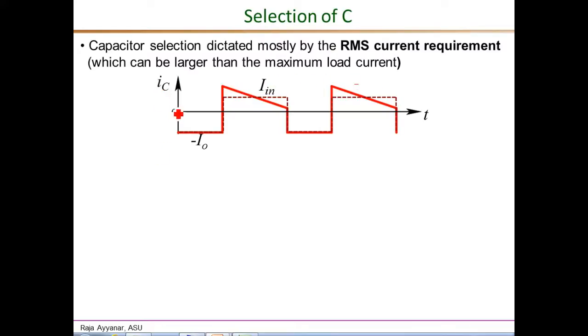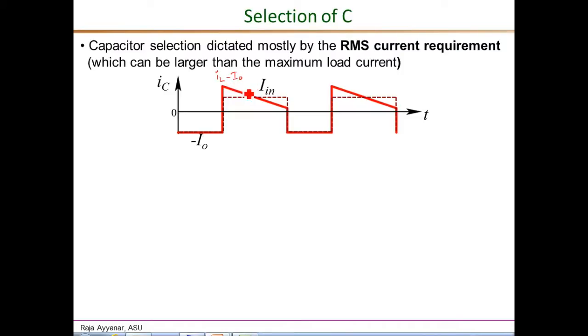Here is the waveform of the capacitor current. During the switch on interval, the capacitor supports the full load current, so the capacitor current is negative IO during the on interval. During the off interval, the current is the inductor current minus the load current, so it's essentially IL minus IO.